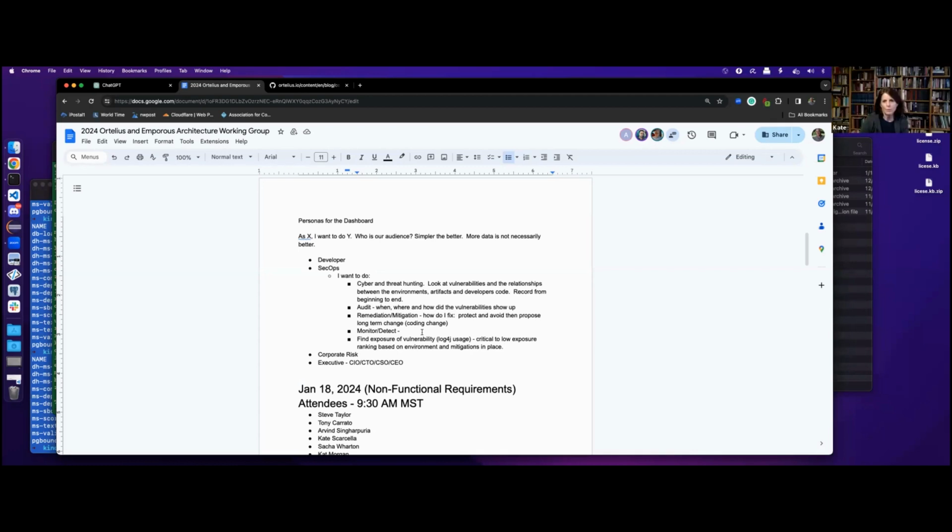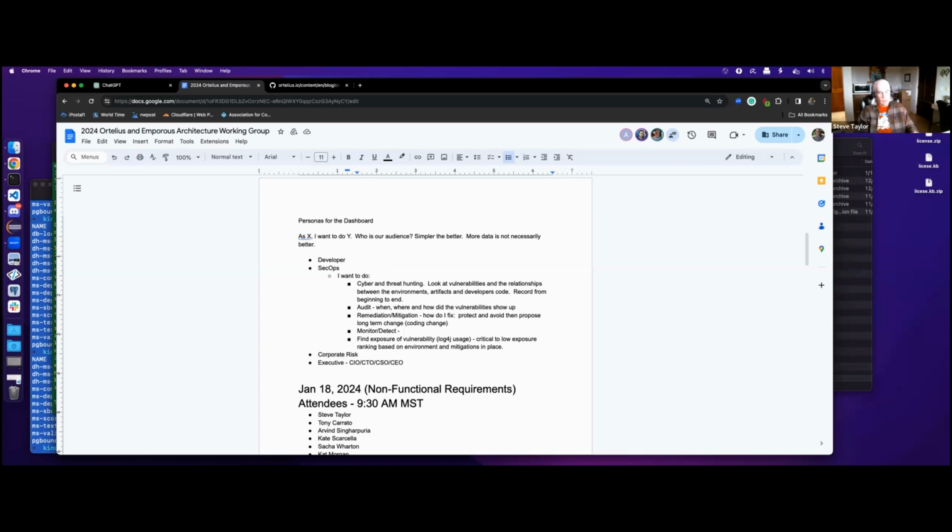Yeah, I was gonna ask some more, but it's okay. Like, how big is the organization? Blah blah blah. So just to jump back onto the monitor and detect part of SecOps, we just need to fill that in a little more on what that SecOps person would actually want to do on that front.